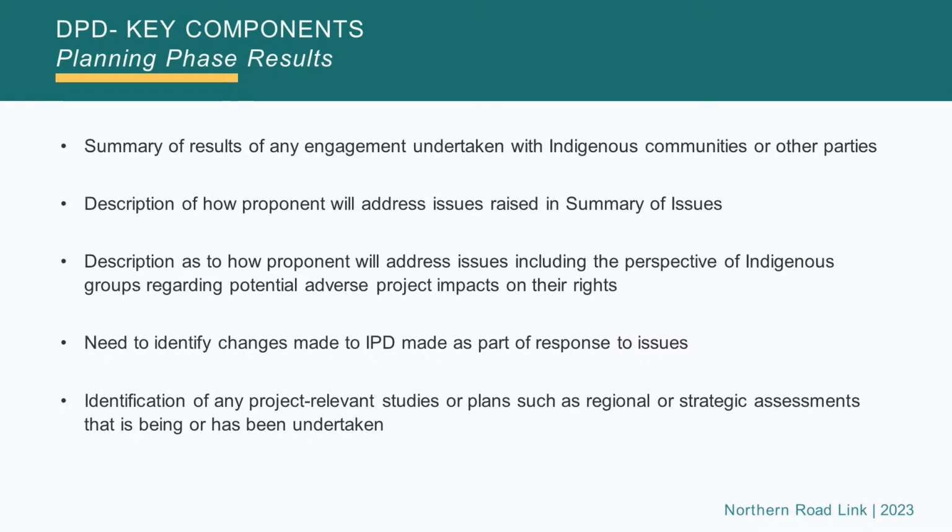It would describe how the proponent is going to address the issues that were identified in the summary of issues after the initial project description was reviewed. It also requires a description of how the proponent will address issues that are Indigenous related. So these could be potential adverse impacts on Indigenous rights as well.